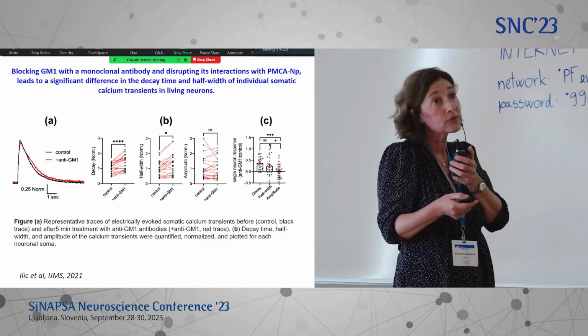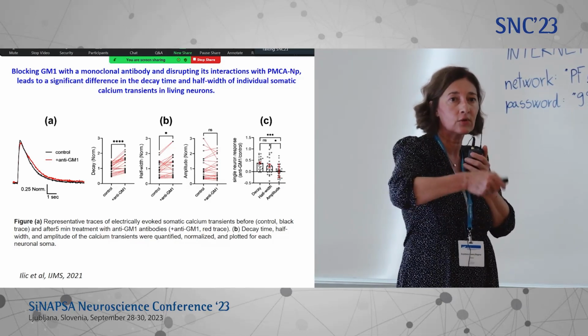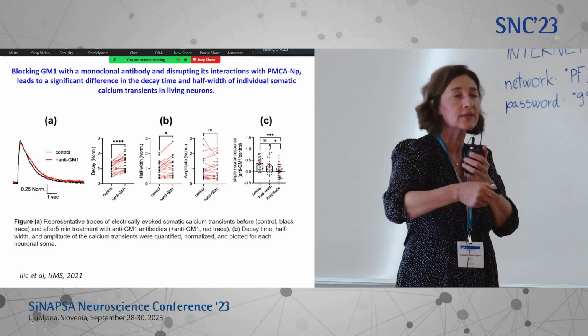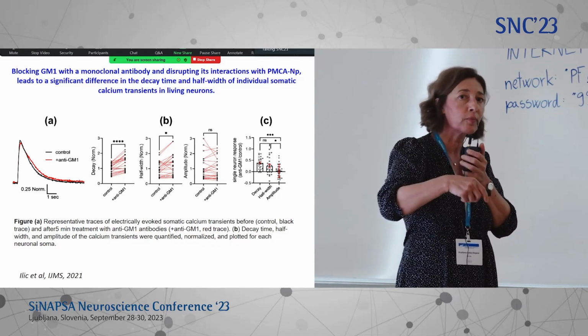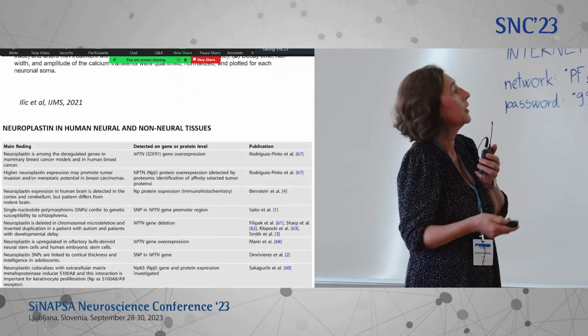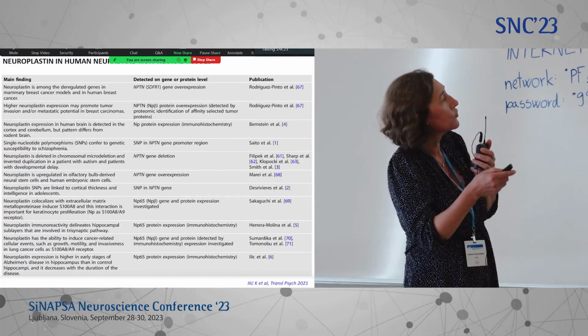And this really happened when we blocked GM1. So if GM1 does not have physiological functions, if it is not interacting with neuroplastin and PMCA, then PMCA doesn't work properly. So, in fact, we are very close to the end of the lecture.